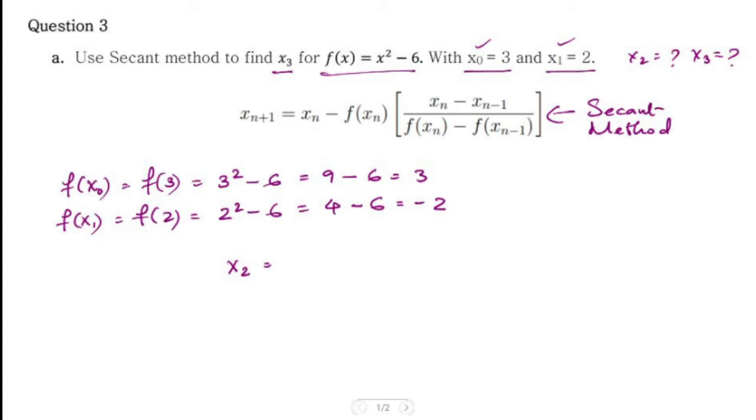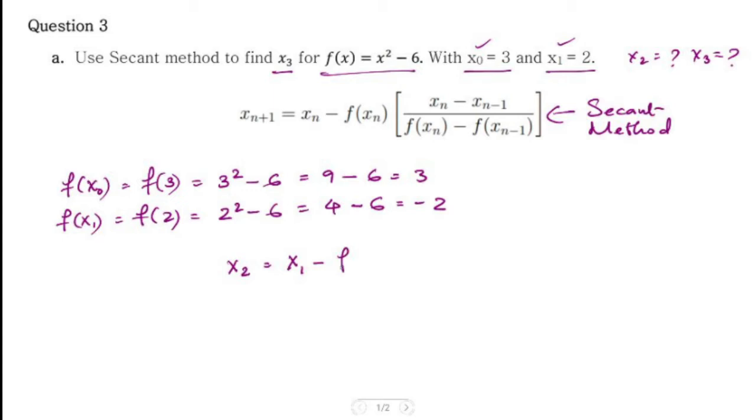So we have x1 minus f of x1 times x1 minus x0 divided by f of x1 minus f of x0.